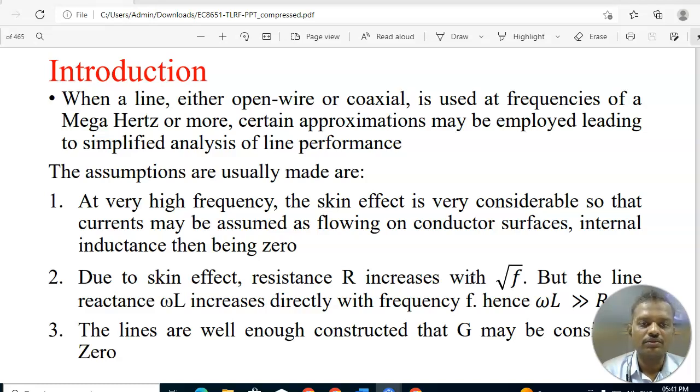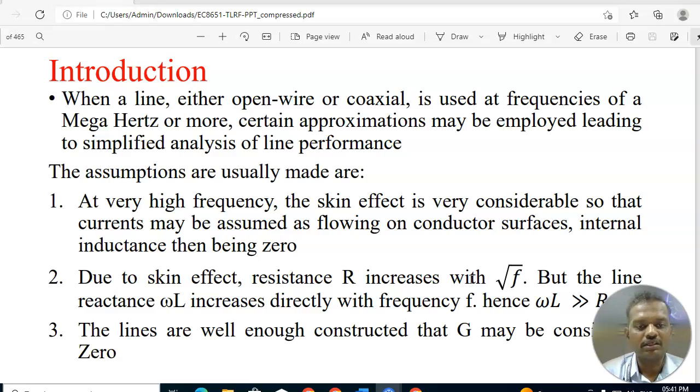We make some assumptions: at very high frequency the skin effect is considered to be very low, and the internal inductance will be almost zero. This is the first assumption we have made when we send a signal in a high frequency transmission line.